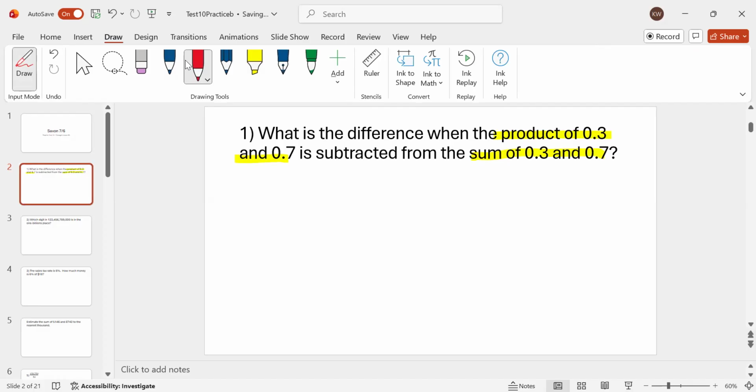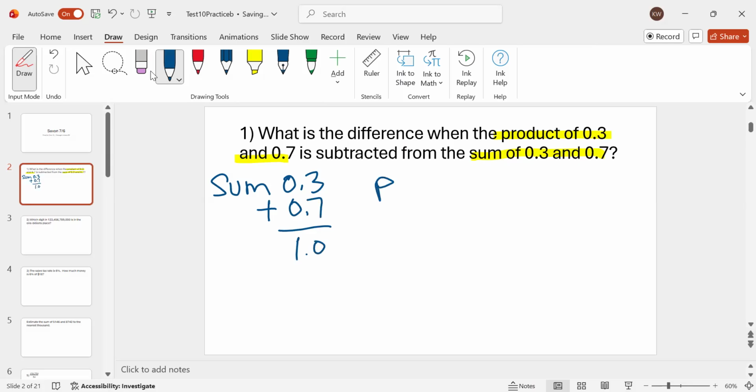So let's do the sum first. The sum is adding together 0.3 plus 0.7, and we get 1.0.